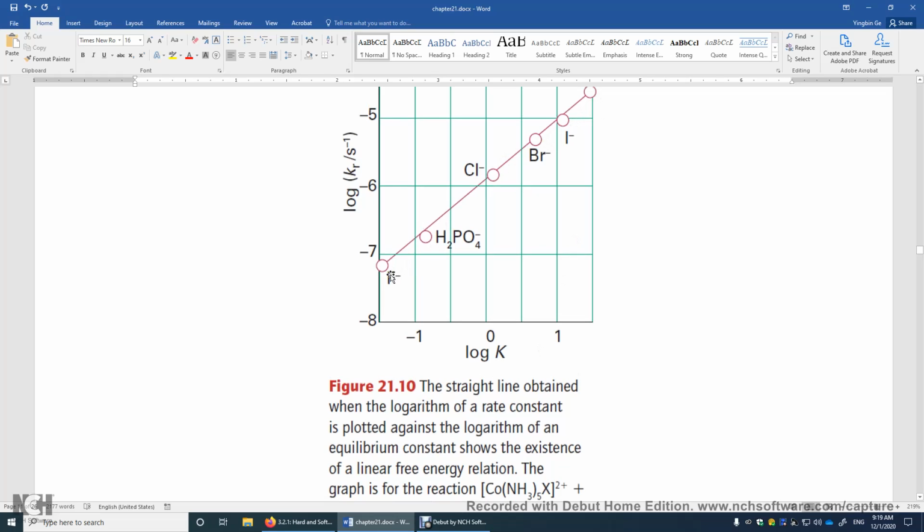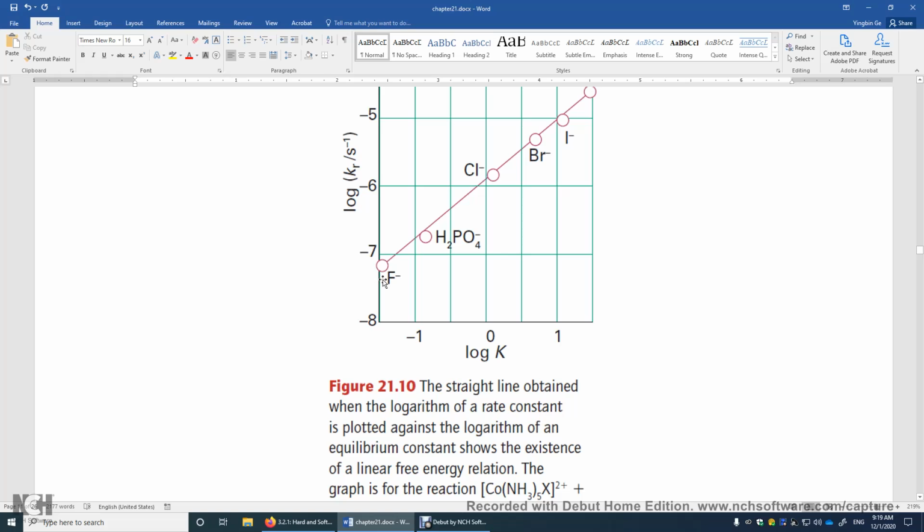Lewis base means they can give away electrons. Lewis acids can accept electrons. This cobalt 3 transition metal center can accept electrons from the ligands. And those iodido, bromido, chlorido, fluorido ligands can give away lone pair electrons to form a single bond.